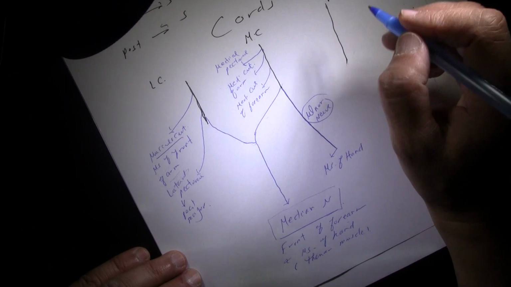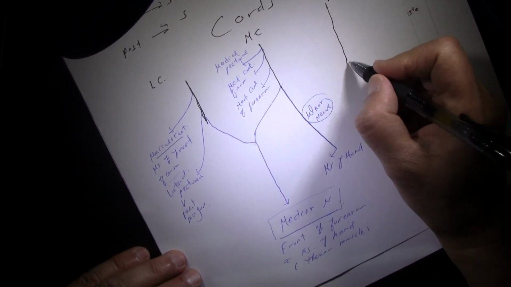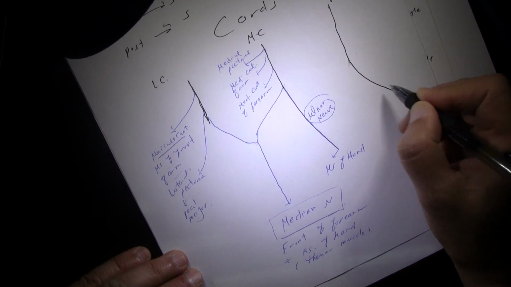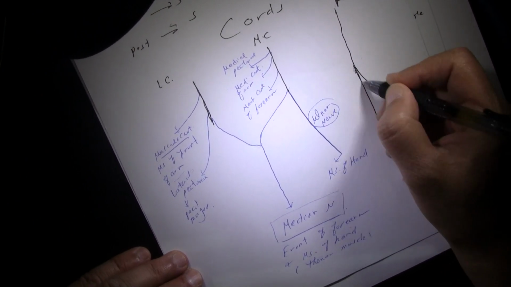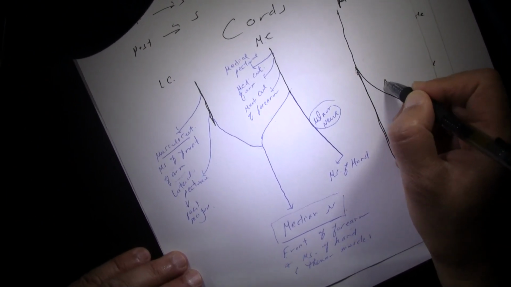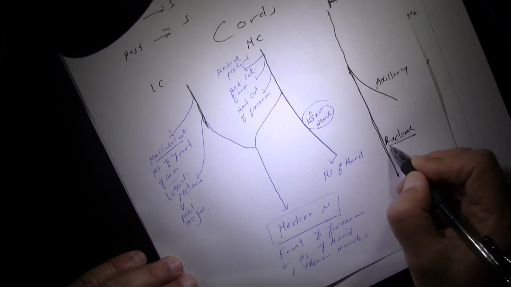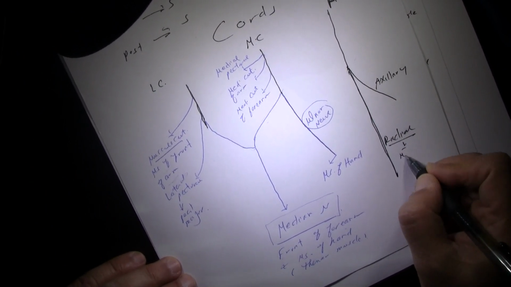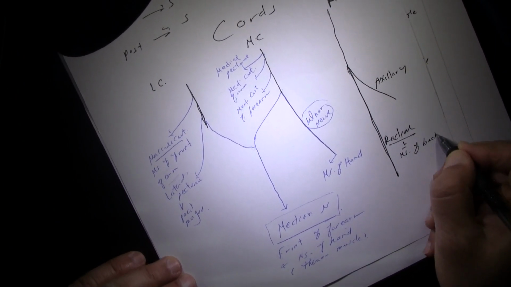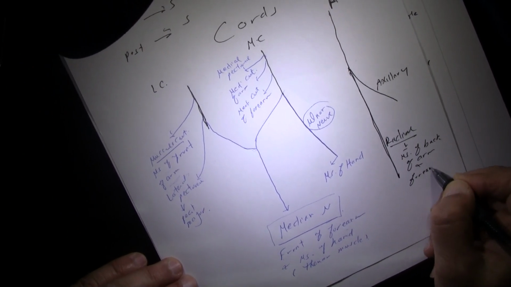Posterior cord sends 5 branches also. The 2 big branches from the posterior cord are called radial and axillary. Radial nerve supplies muscles of the back of arm and the forearm.